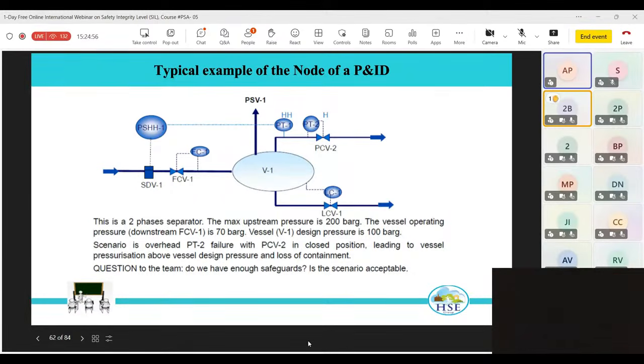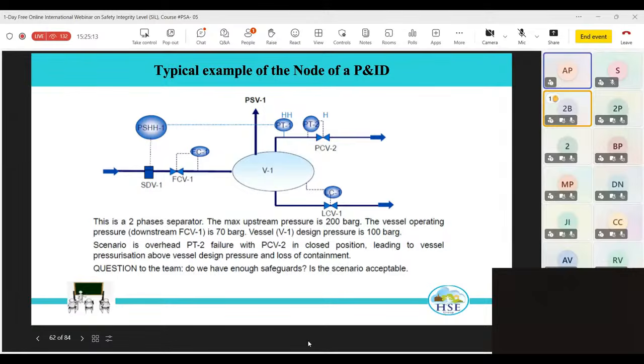But again it is not shown here whether the PSV1 is letting out whatever is inside the vessel to open air, or to, say, a flare network.